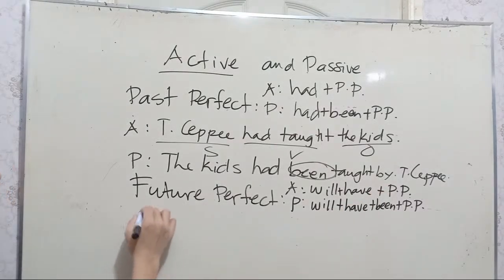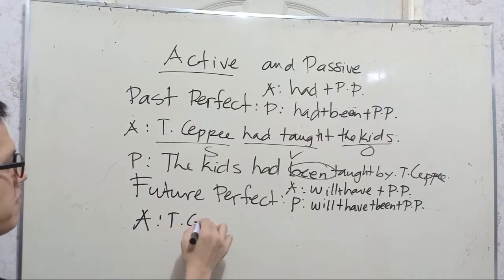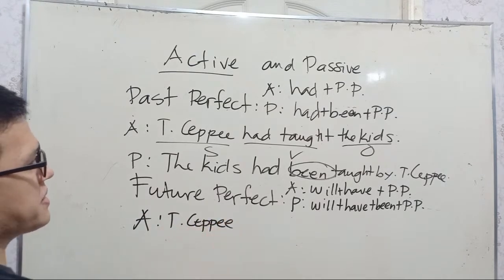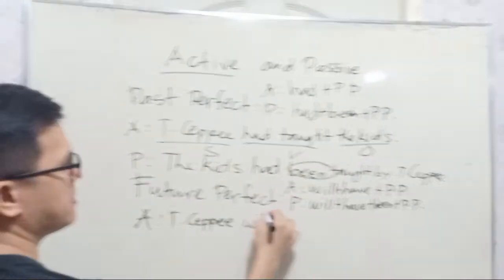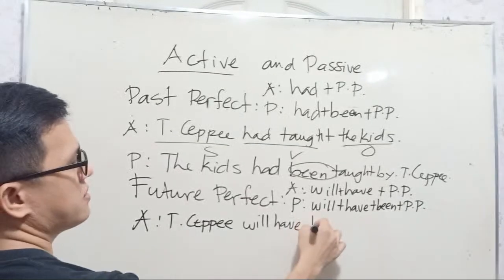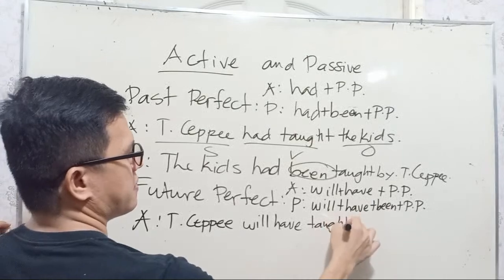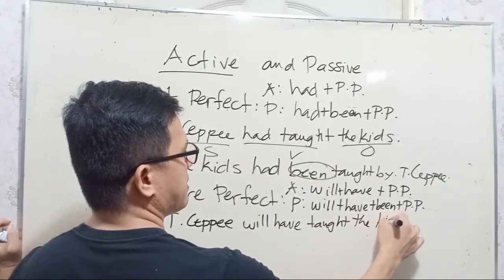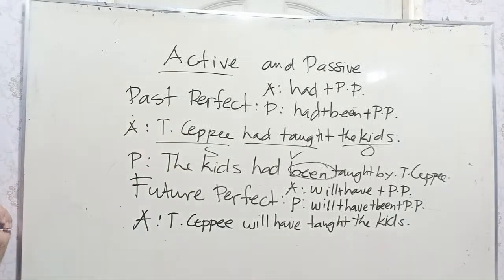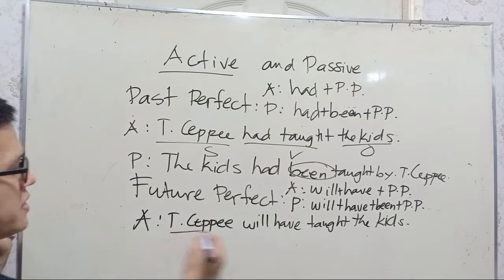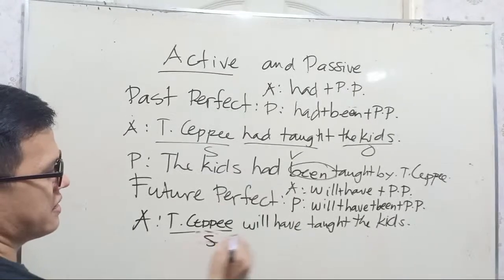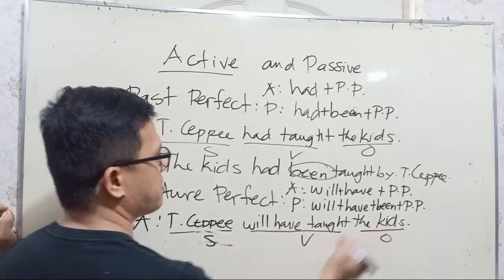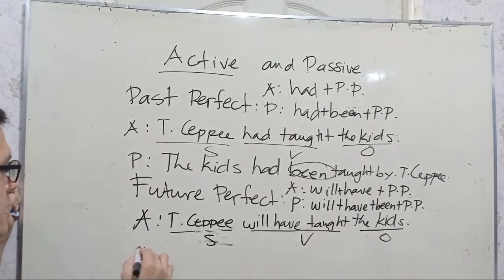Now, the active: Teacher Seppi will have taught the kids. This is our sentence. I'm just using the same sentence so you can see the differences in the structure. This is our subject, this is our verb, and this is our object.